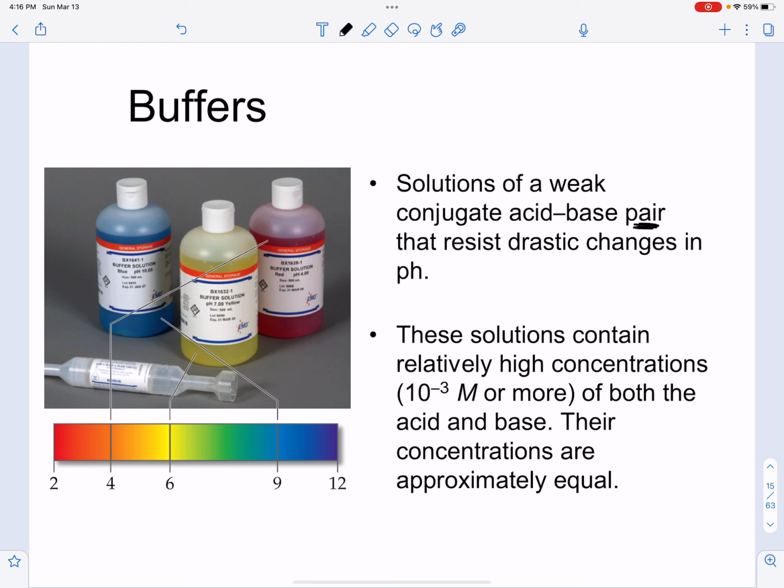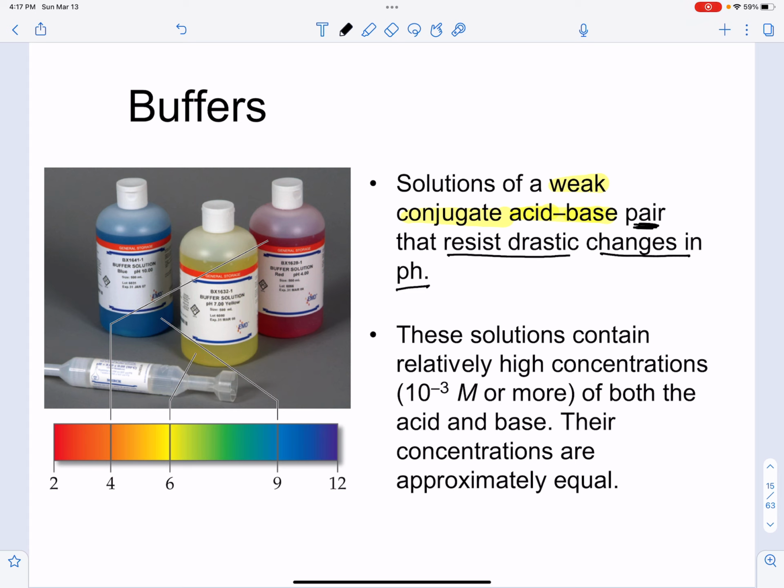A pair of what? A pair of acid and base where they are weak. So you're going to have a weak conjugate acid-base pair that, and this is the main thing about a buffer, is going to resist drastic changes in pH.